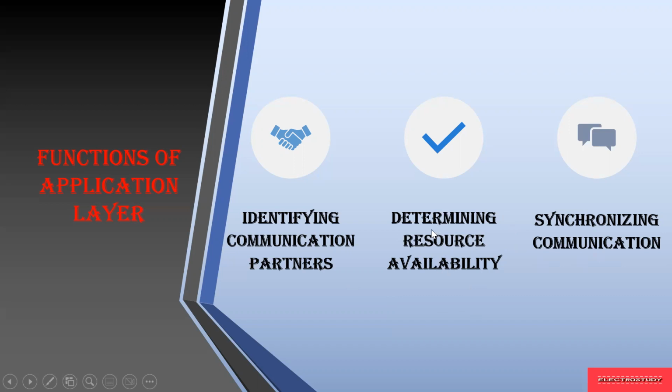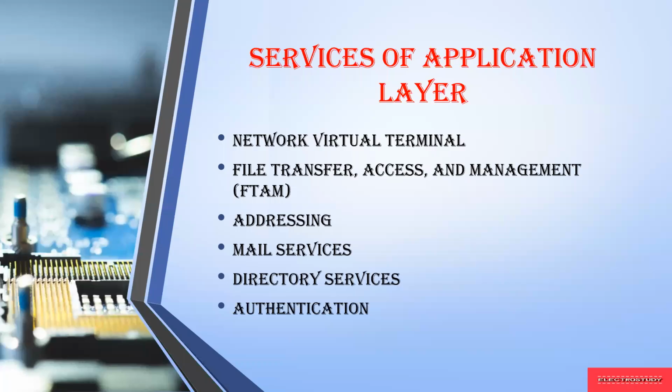Determining resource availability is where it will determine whether the data is fetched from the other layer and whether it is sufficient for the transfer of communication from one part to the other. Synchronizing communication is where it should synchronize the communication between the peer application layers. Then only the complete setup will be provided for further communication. So these are the functions of the application layer.